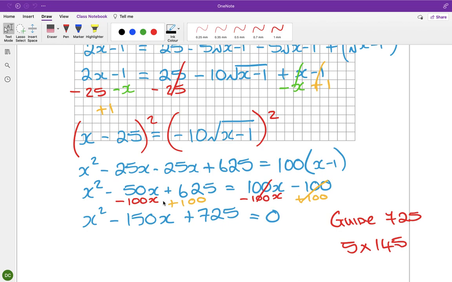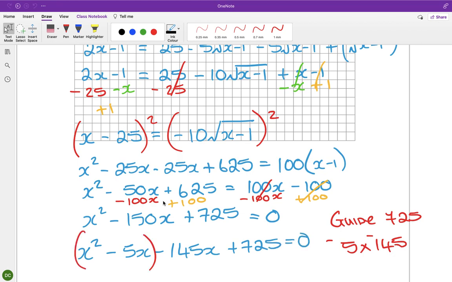Yeah, you get that. I want it to be minus 150, so I need double minuses there to get that. Put it back in, so x squared minus 5x minus 145x plus 725. You've got your first bracket and you've got your second bracket.